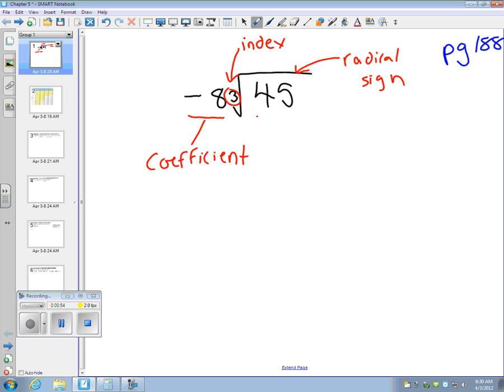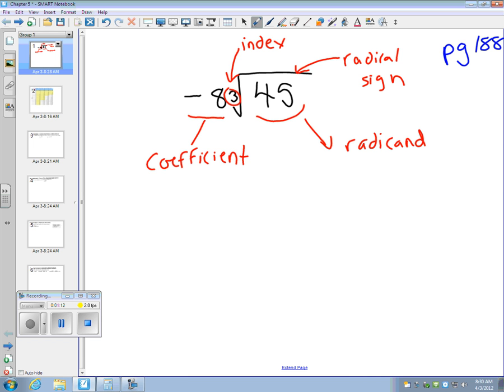And underneath the house is called the radicand. So there are going to be times when the workbook asks you certain things about indices, or they ask you about coefficients. And if you're not sure, just turn back to this page 188 because they'll show you.